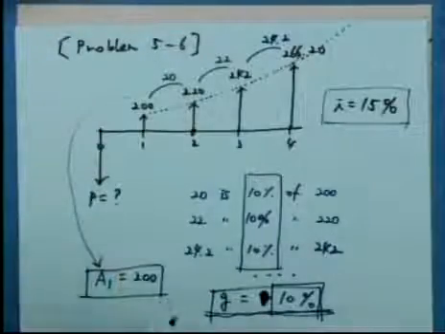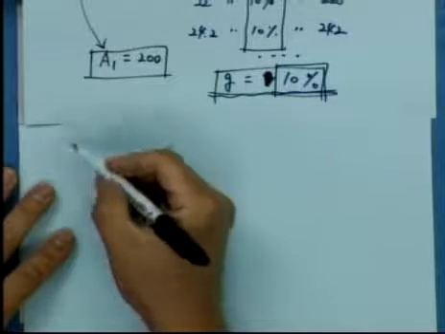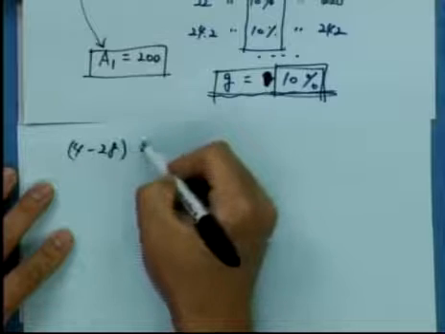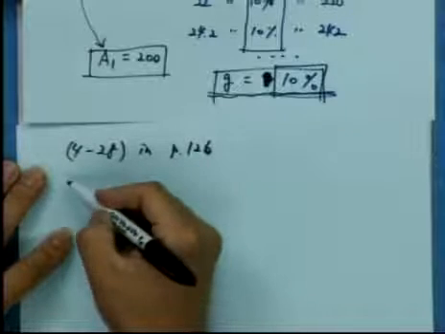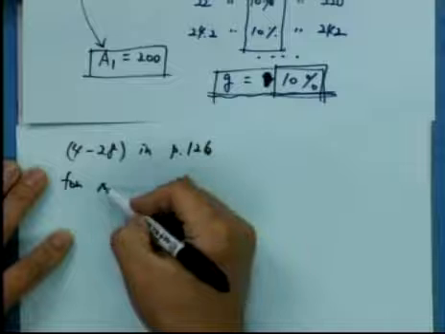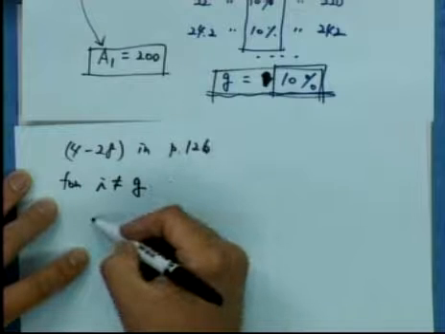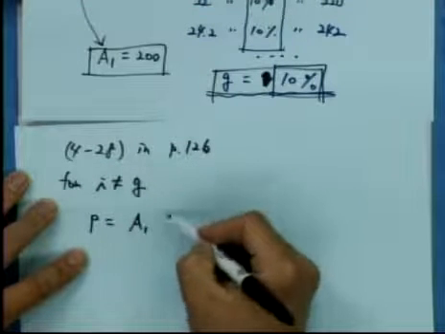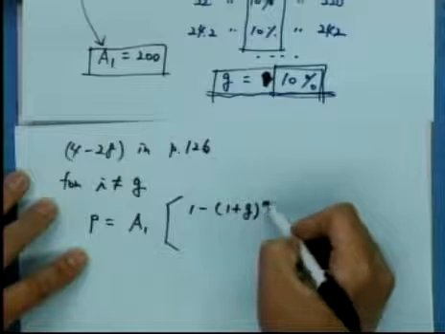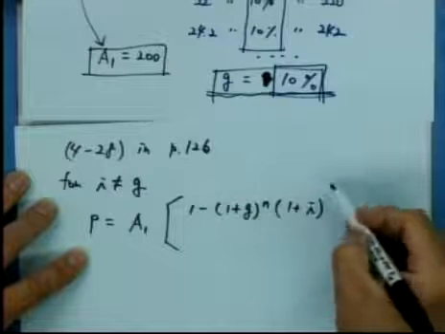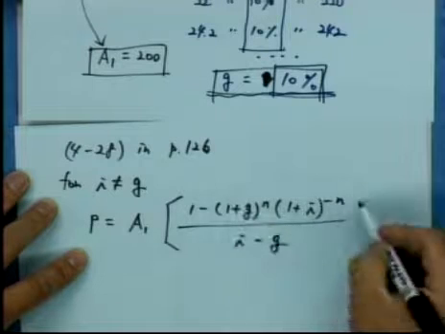Okay, you have to use the formula for I is not equal to G: P equals A sub 1 times 1 minus (1 plus G) to the power n, (1 plus I) to the power negative n, over I minus G. Okay?